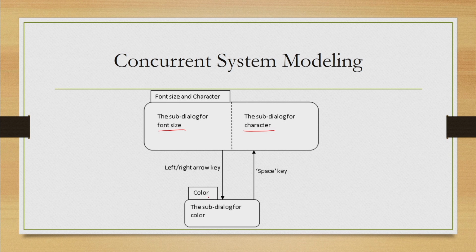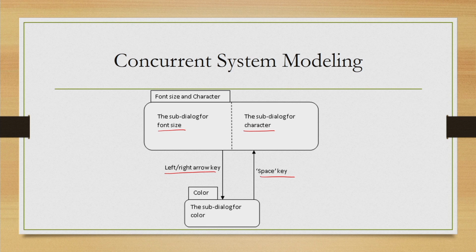Then the other superstate is color, and this AND superstate and the color superstate are connected with left right arrow key press and space key. So, as you can see, it is in a much simpler form than the earlier one where concurrency was not taken into consideration.